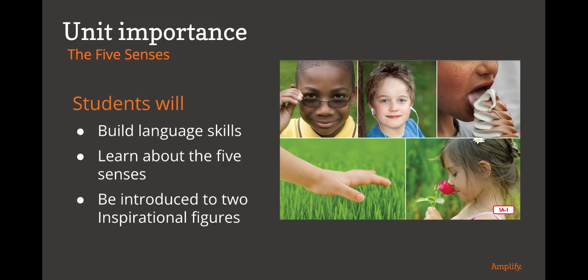This domain will establish a foundation of knowledge and vocabulary students will build on when they further study the human body in future grades. In the last lessons of this unit, students will also hear inspirational stories about the lives of 2 individuals, Ray Charles and Helen Keller, who overcame significant challenges posed by the loss of sight and hearing.